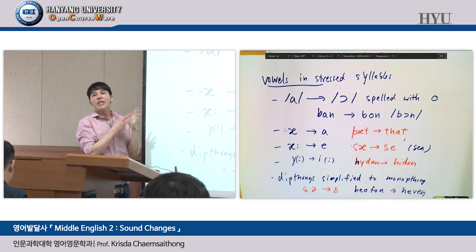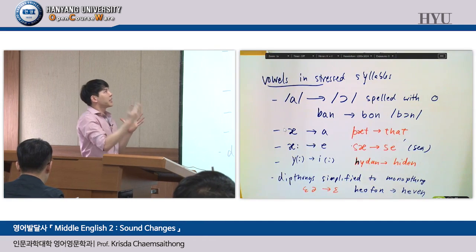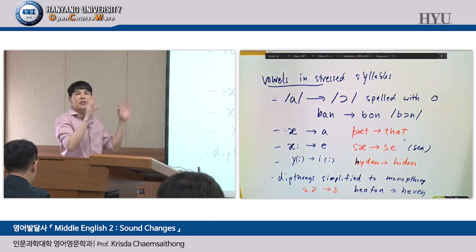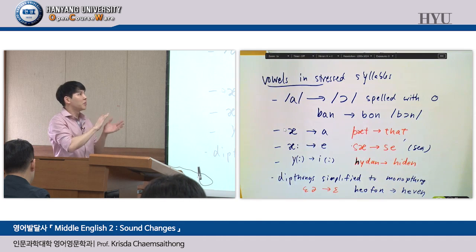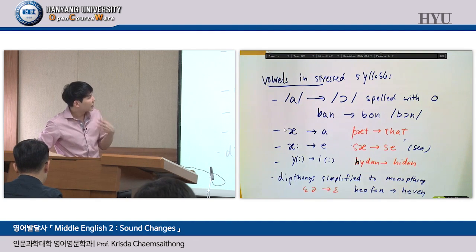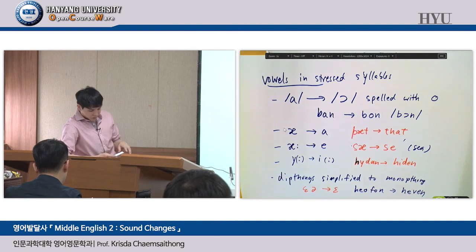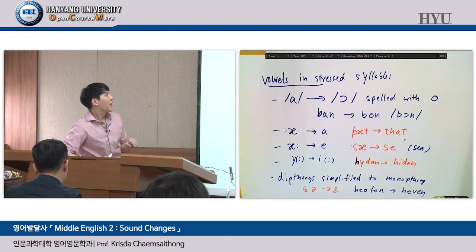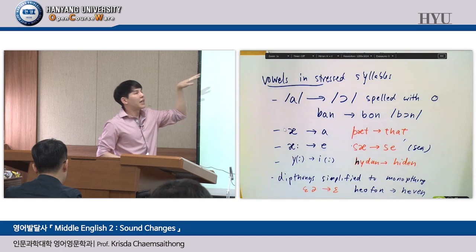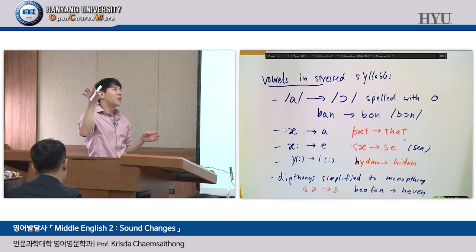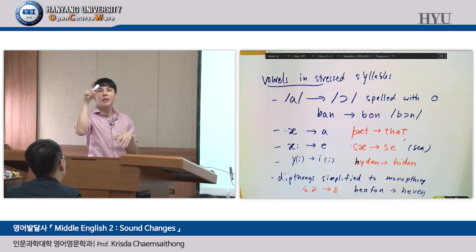So we talked about consonants, right? Now we shift our attention to vowels. So the changes that happen to the vowel system from Old English to Middle English, right? This is my summary. Vowels in unstressed syllables, you know that already. Vowels in unstressed syllables will be reduced to schwa, written with an E, right?